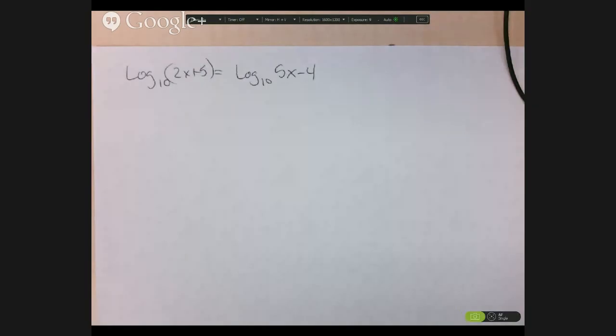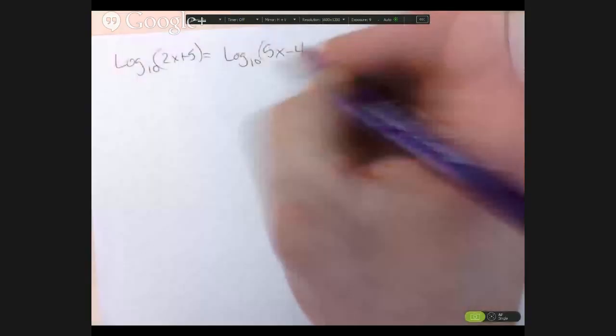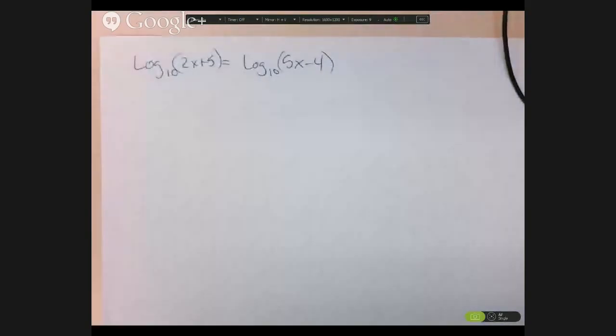Solve: log base 10 of 2x plus 5 equals log base 10 of 5x minus 4. I didn't show you this property, but do you have any idea? Yeah, the log base 10s can go away.